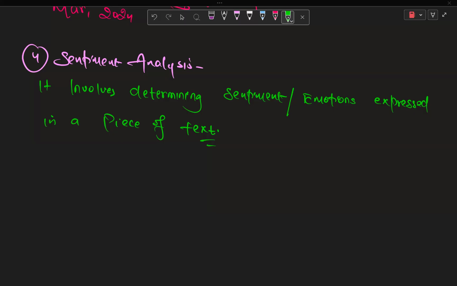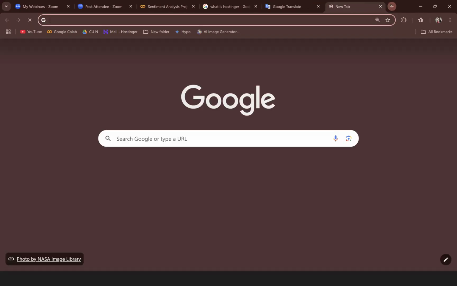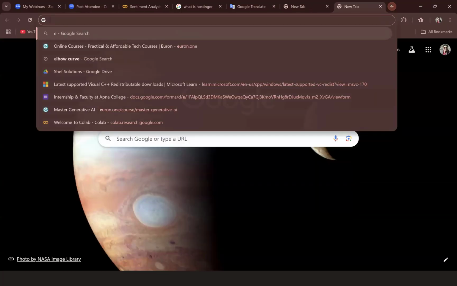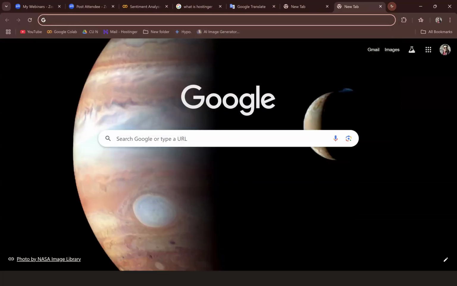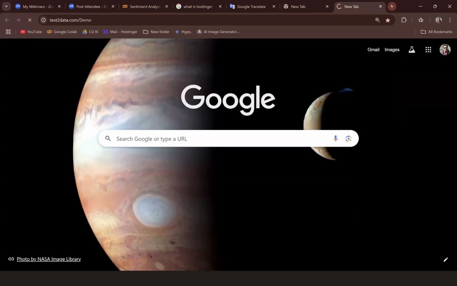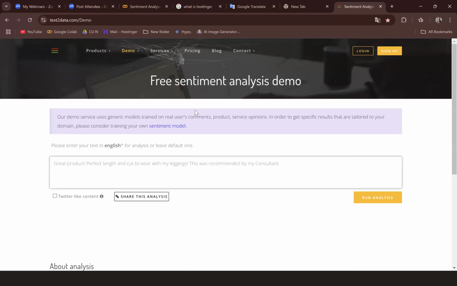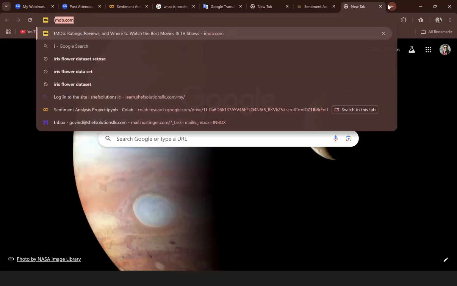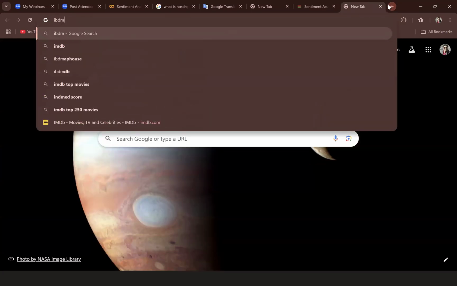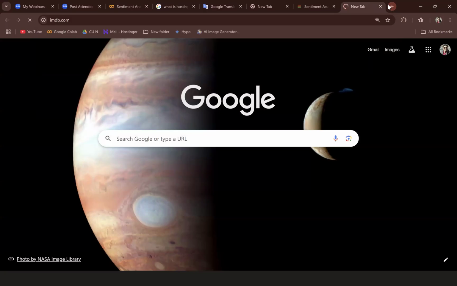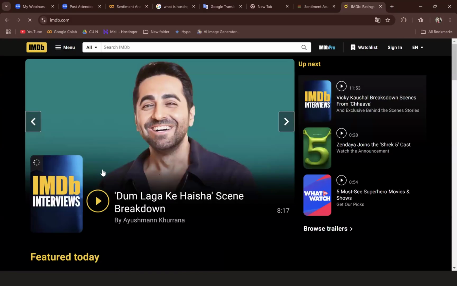I'll give one example. There's a website, guys, called text2data.com. This particular website will tell you the sentiment involved in a piece of text. I'll take one movie. There's a website called IMDb. Here you will see a lot of Hollywood and Bollywood movies.